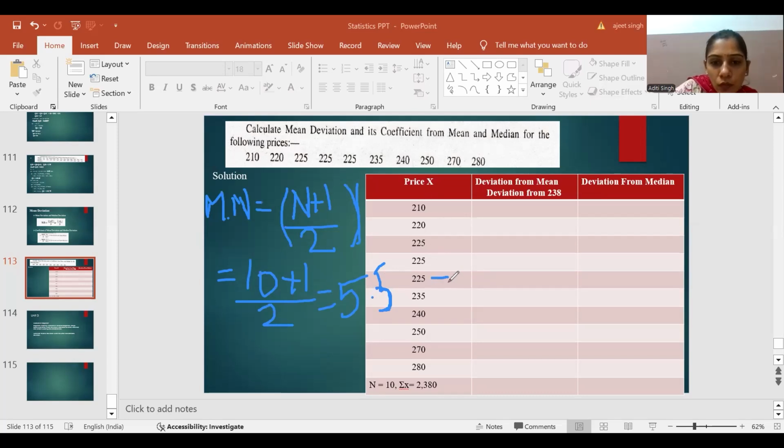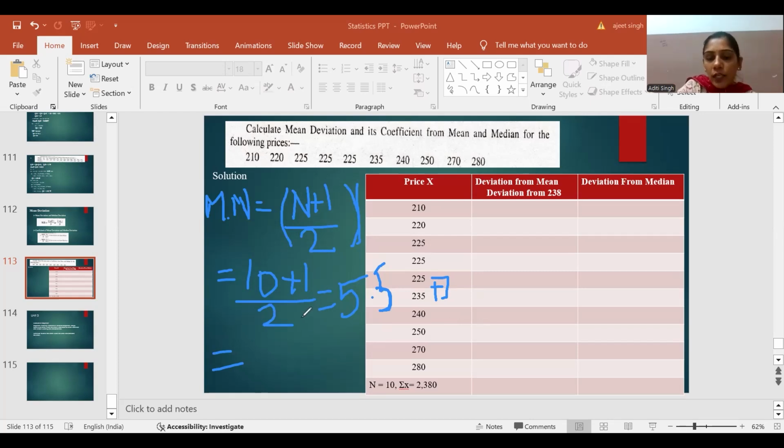So this value will lie between 225 and 235. When your median number is in decimals, you have to follow one more step. You have to add both these values and then divide by 2 so that you can get the value of median.